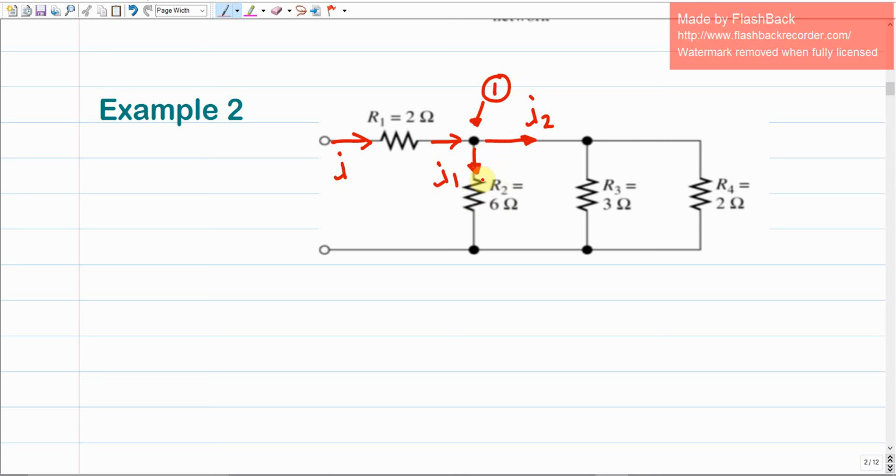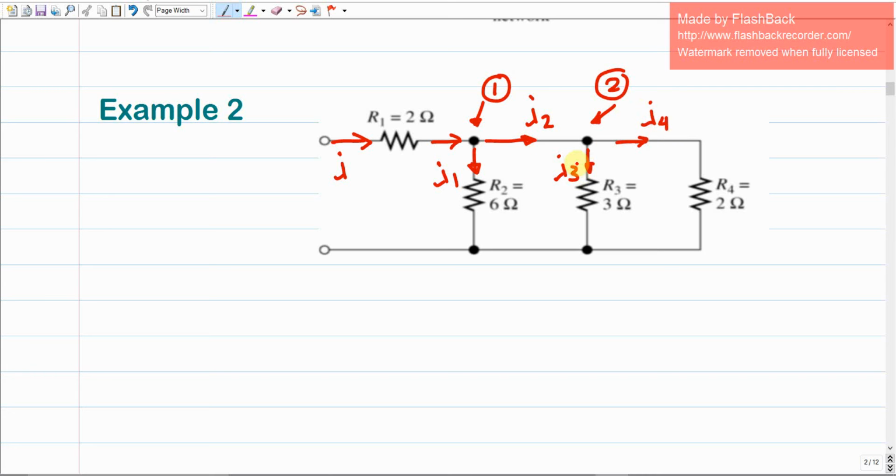So if I ask you how much is the current over R2, it should be I1. How much is the current over R3? We don't know yet. Why? Because we have to do more division. We have to divide the current more, because this I2 is going to keep going, and it's going to be further divided into I3 and I4 at node number 2. Agree? So what does it mean?